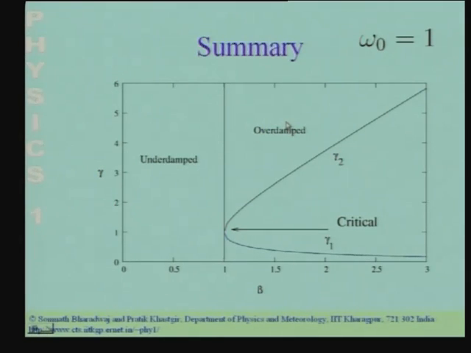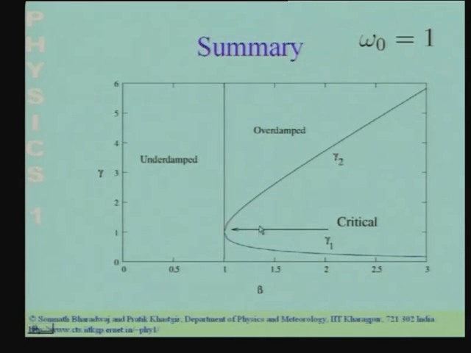There are two solutions, both of which decay exponentially, and the exponent is e to the power minus gamma t. So, there are two solutions, gamma 1 and gamma 2. In this figure I show you the two solutions gamma 1 and gamma 2. One solution, the larger one, increases as you increase the damping, and it will go to infinity if you make the damping coefficient infinite.